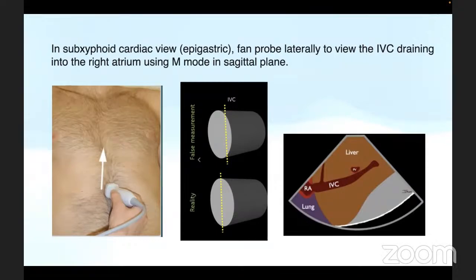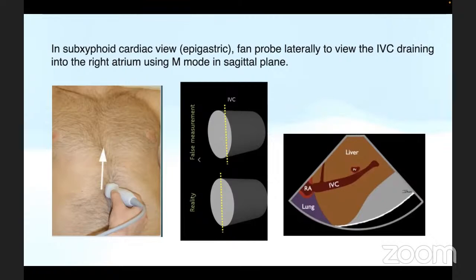Here you can see a graphical description of what we'll end up seeing under the ultrasound towards the right side. There you can see the IVC opening into the right atrium and the liver. This is the usual picture which you see while you scan for the IVC.